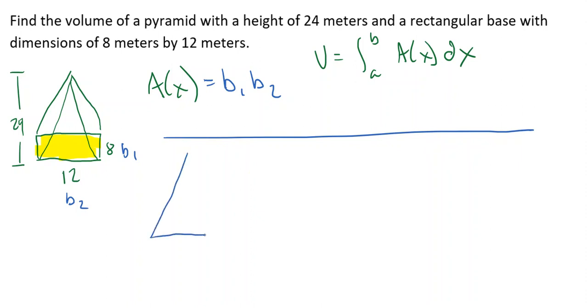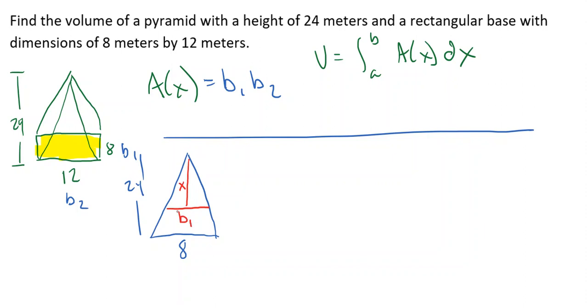So for B1, we're looking at it from the side, so we'd be looking at it from the right-hand side or the left-hand side. The bottom is 8. And of course, the height is 24. And we want to find a formula as we decrease to any value of x for the height. So this distance here is going to be x, and this distance here is going to be my B1.